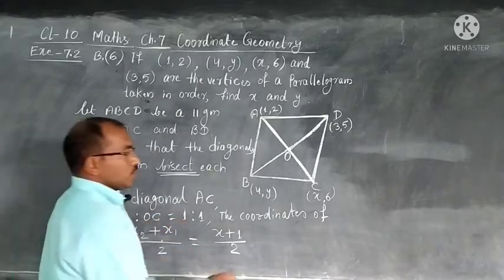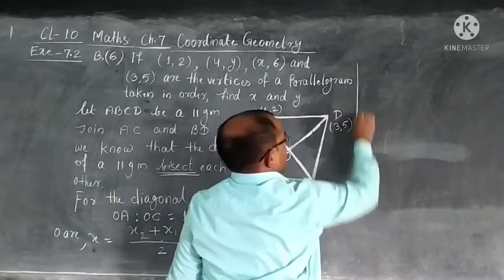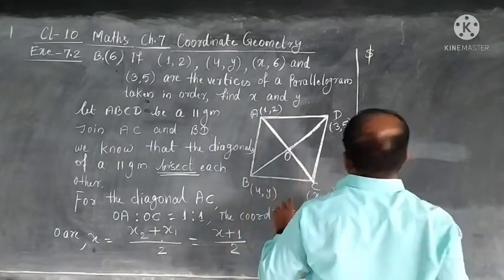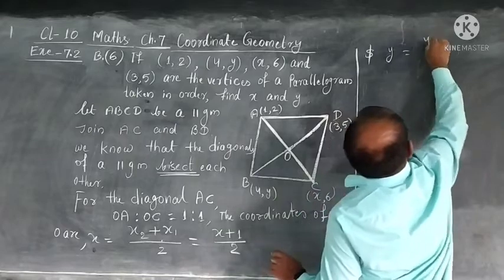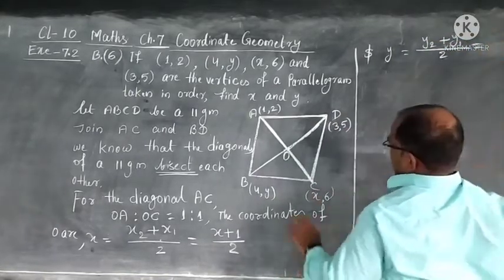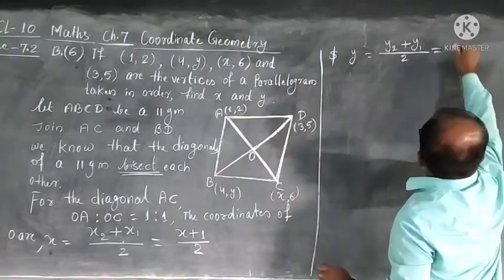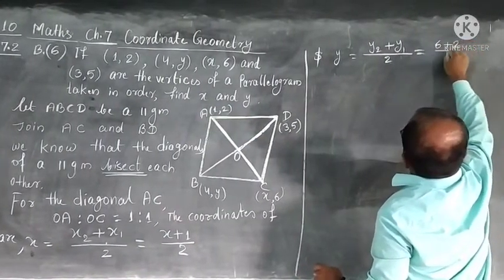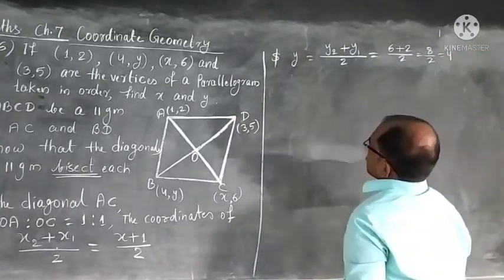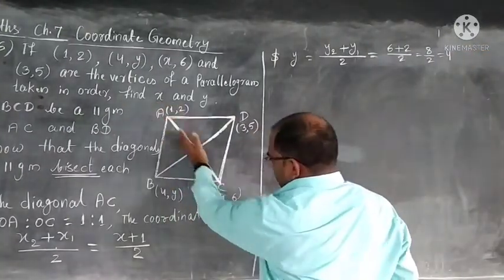Now y will be equal to (y2 plus y1) by 2, for the same diagonal. That is (6 plus 2) by 2, we get 8 by 2, which is 4. So we worked for diagonal AC.